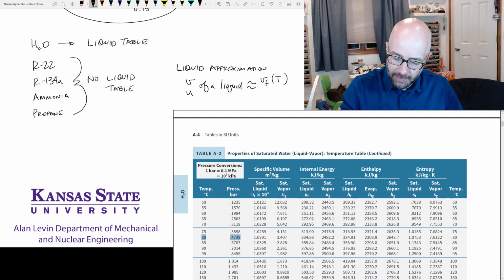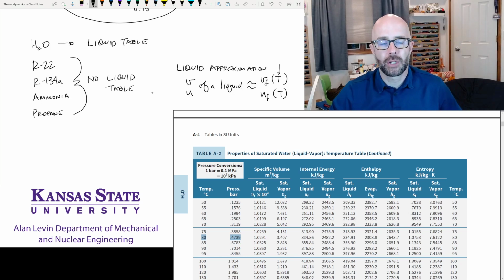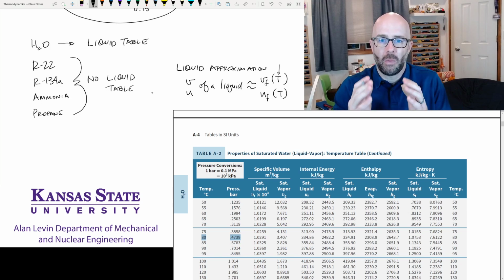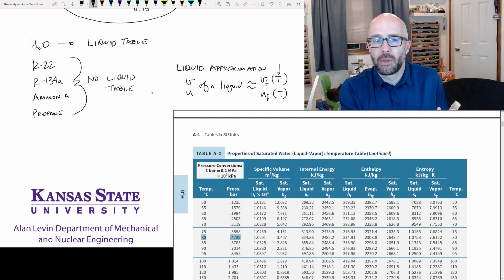It's important here that we're talking about the temperature. We're going to say the properties don't change very much from a saturated state to those of the liquid state that you're looking at. They're so close that we're just going to approximate them as a saturated state.